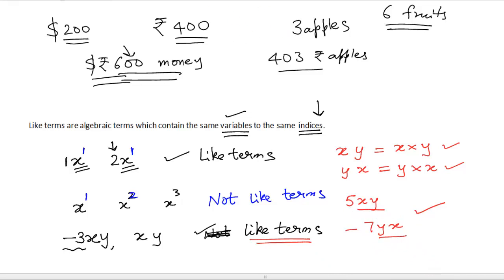So remember, we can only add or subtract like terms. If they are not like terms, then we cannot add or subtract.